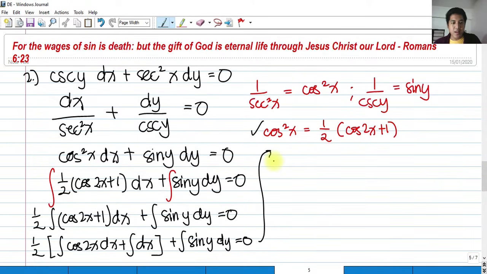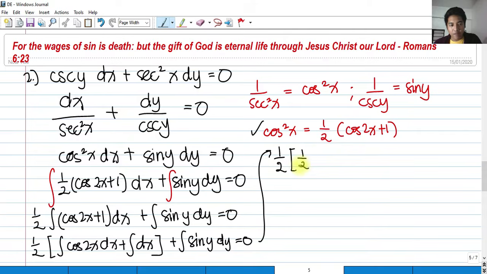So what will happen next is that we can integrate cosine of 2x. If we integrate this, we will be having a correction factor of 2 because of the 2 here. So that would be 1/2. So this would be a correction factor of 2 because of 2x.